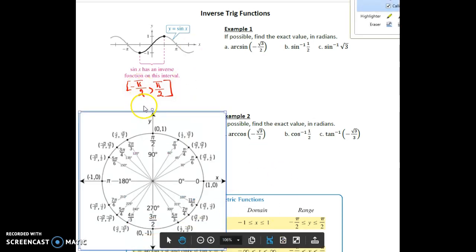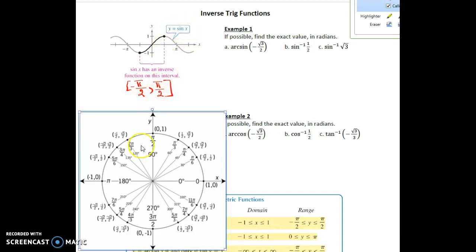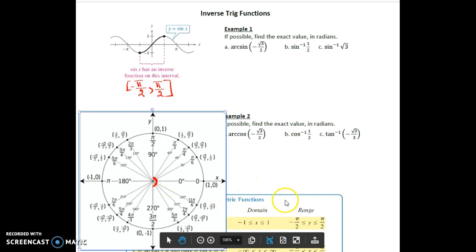If you think of the unit circle, the only place that sine will have an inverse function is this part of the unit circle. Only between negative pi over 2 up to pi over 2. This is also part of the definition of our inverse trig functions that I'm going to talk to you about in just a minute.